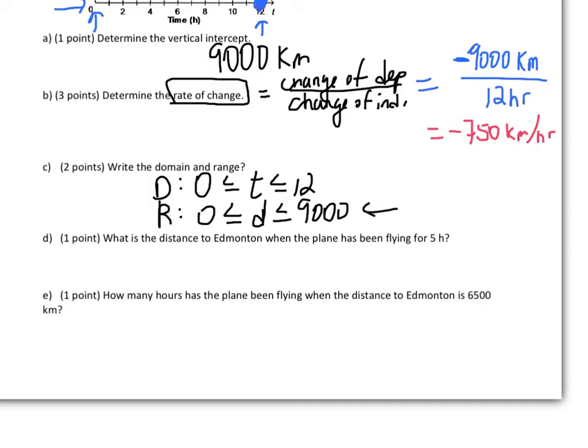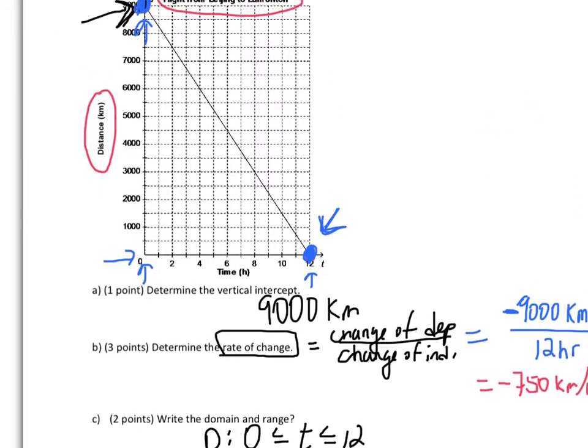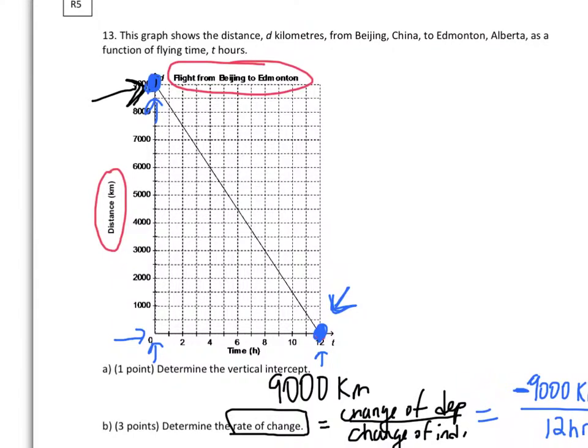Okay, what is the distance to Edmonton when the plane has been flying for 5 hours? Well, we'll have a better way of doing this later on in the course. But for now, let's just look at the graph. 5 hours is over here. We can connect up to the graph up here and connect across down here and take an estimate based on that.